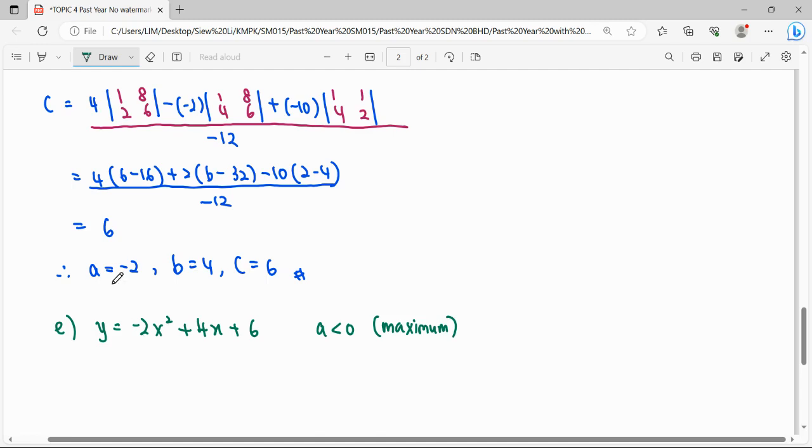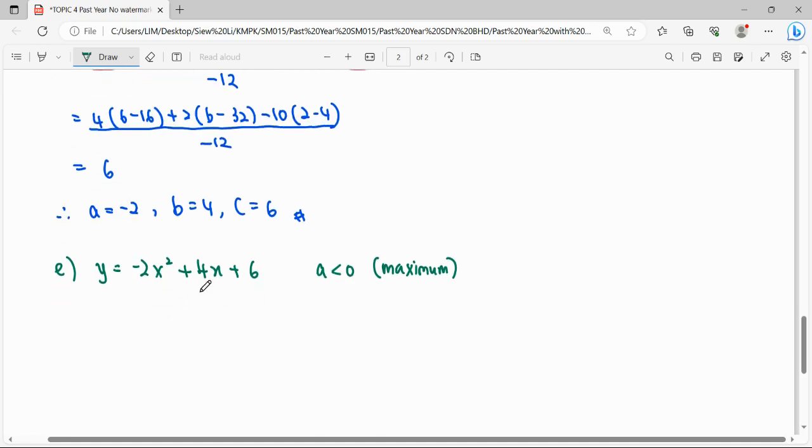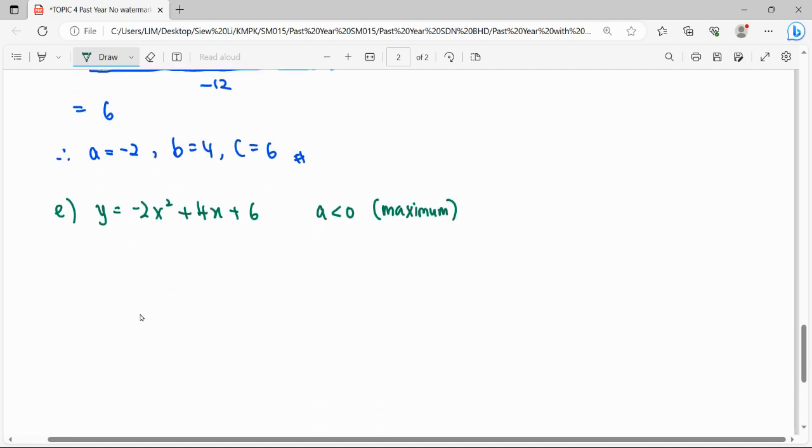So what is the maximum value? We have to complete the square for this quadratic. For negative 2, we factorize out. Then we complete the square, x in the bracket squared. For the second term, b divided by 2, which is negative 1.